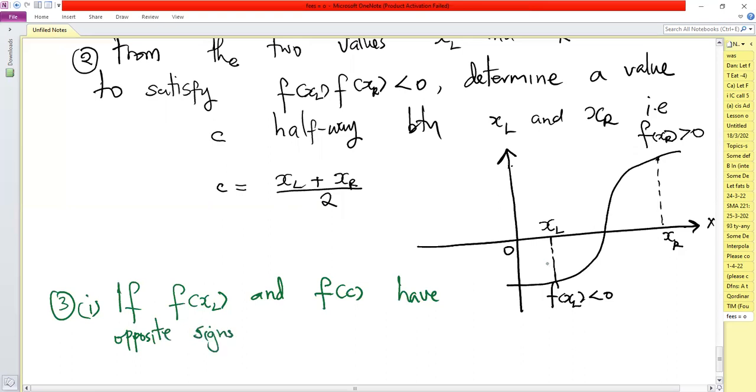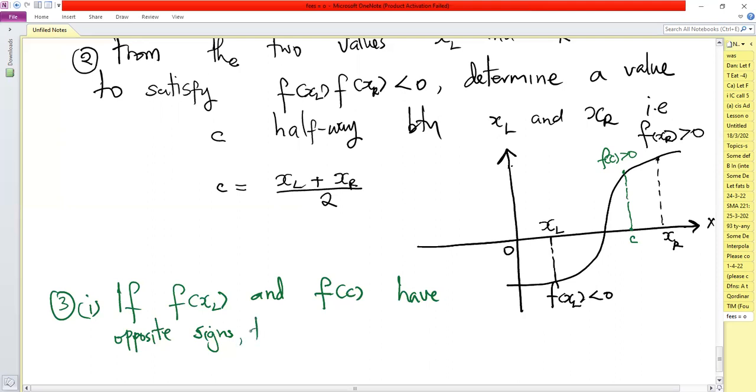Now if I may use my diagram to explain this point, when we say f of XL and f of C have opposite signs, then we mean that possibly C is at this point here, because already f of XL is negative. So for us to have f of C with the opposite sign, it must be positive, and same can be at this point. So this way we'll have f of C which is positive. So the signs of f of C and f of XL are opposite.